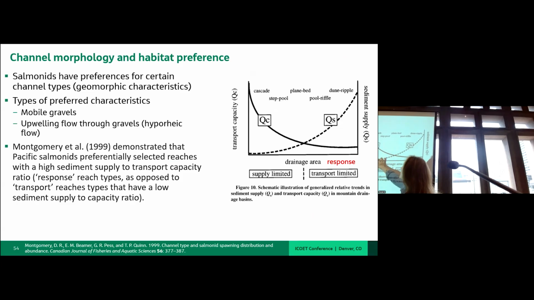They have much less sediment supply. On the other side, response reaches, pool ripple, dune ripple, they have higher sediment supply, less transport capacity. So they tend to have more of the mobile gravels that salmonids like. They tend to have more upwelling of those gravels, hyporheic flow that they like to spawn in. So there's a preference for channel types based on their bed texture.